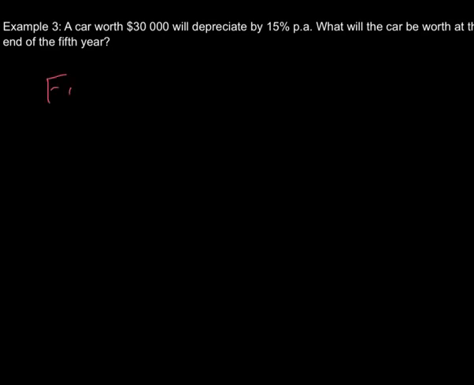So we have our final amount equals P, and we can call that the principal again. Now the difference is it's 1 minus the rate to the power of n. So compound interest is 1 plus the rate, and the depreciation formula uses 1 minus the rate.